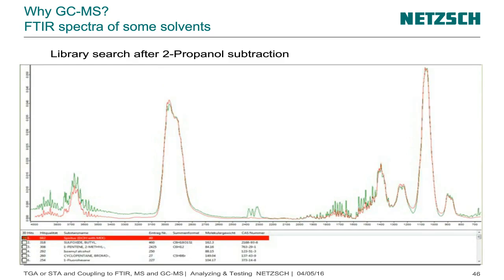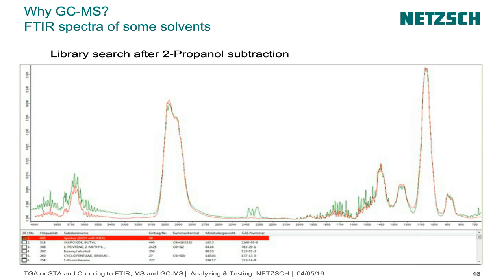And the rest, what is different from the red to the green, and green is the subtracted spectra in the FTIR, where I've subtracted the propanol. You see there some water because the solvent was not dry, and you see also small traces of carbon dioxide.